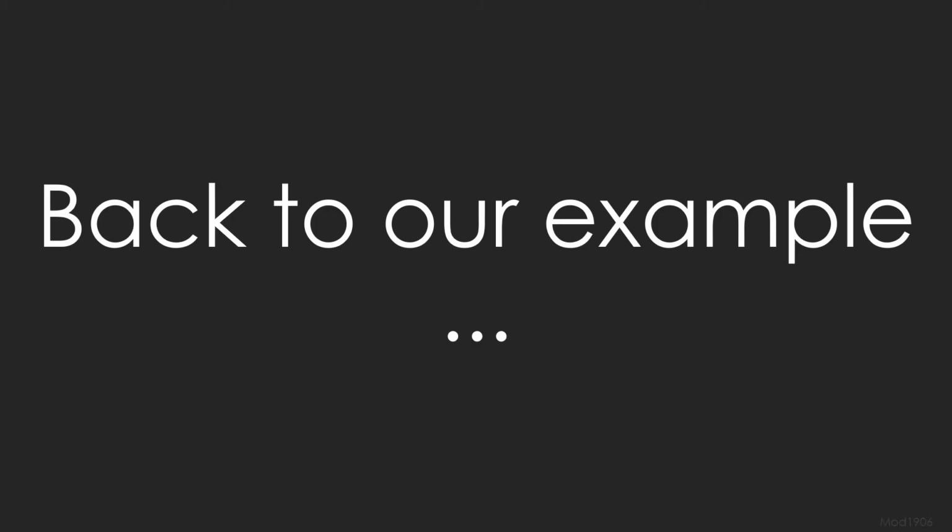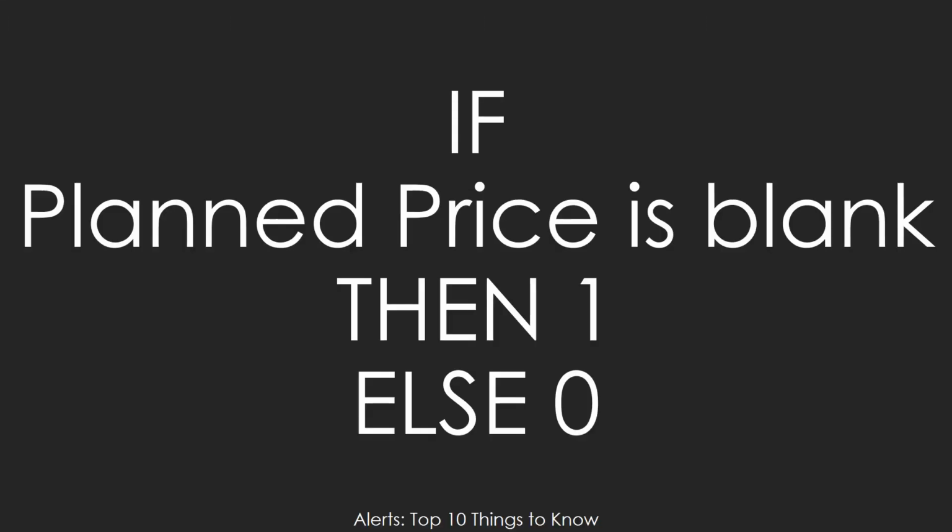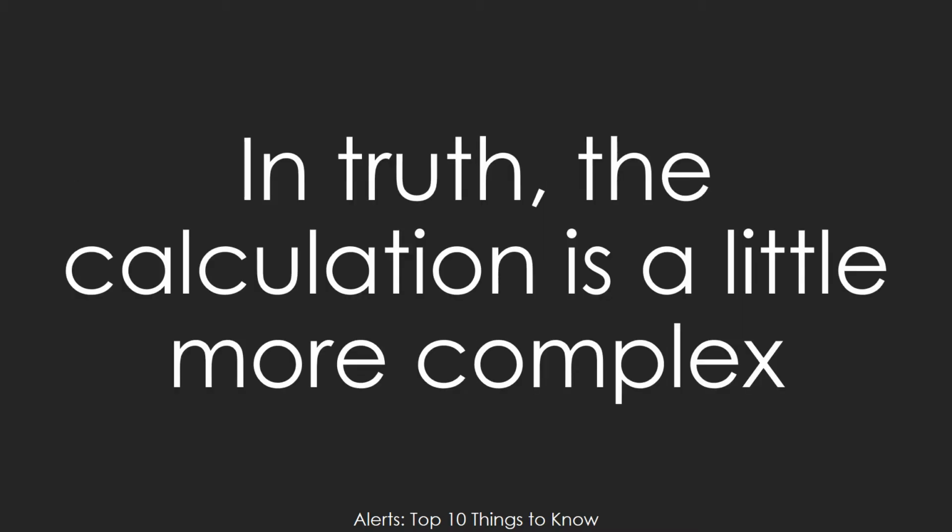Back to our example. This was our last calculation for alert, no planned price. If planned price is blank, then 1, else 0. In truth, the calculation is a little bit more complex.